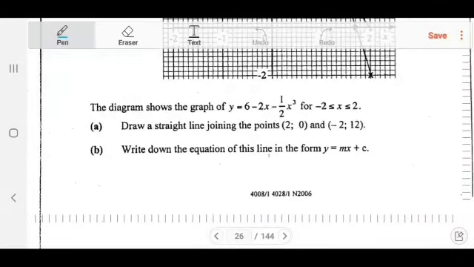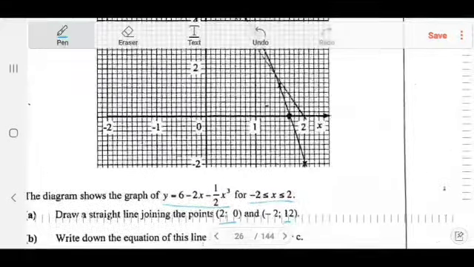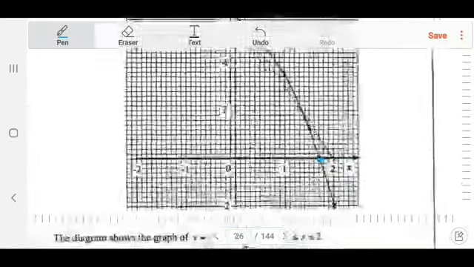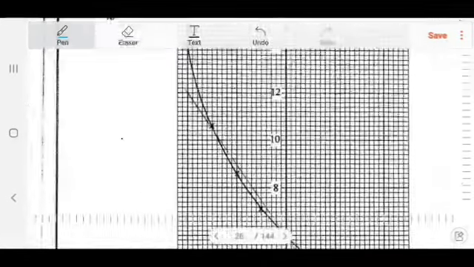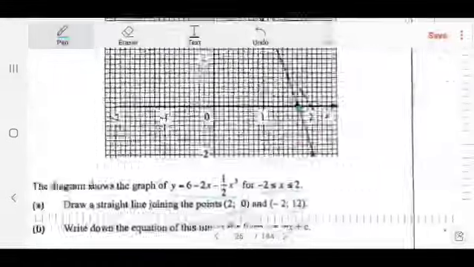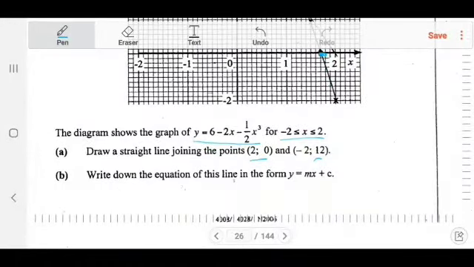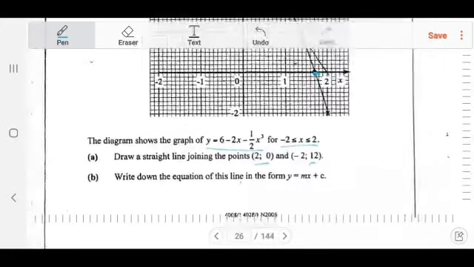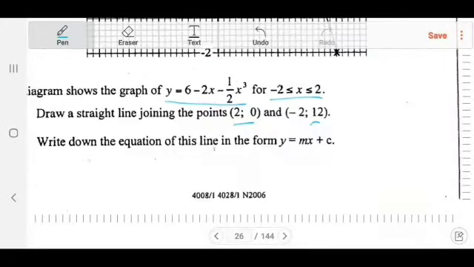The diagram shows the graph of y, this one, for this range. Draw a straight line joining the points, this one and this one. This is 2, 0, and then minus 2, 12. Minus 2, 12 is this one. Write down the equation of this line in the form y is equal to mx plus c. The equation of a line, we have 2 points, you can find the gradient.